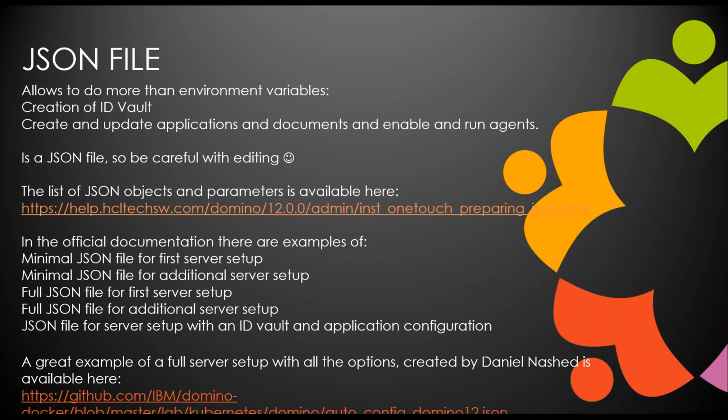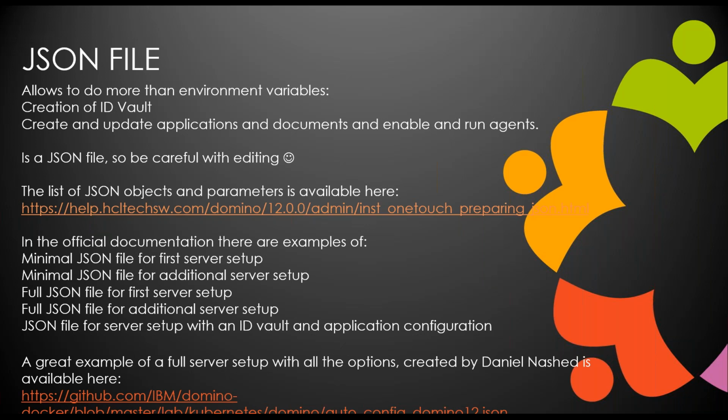Otherwise, my suggestion is, other than those examples, head over to the GitHub repository for Domino on Docker, the one created and managed by Daniel Nashed, the lifetime HCL ambassador that I guess every one of you knows, and Thomas Hampel from HCL.